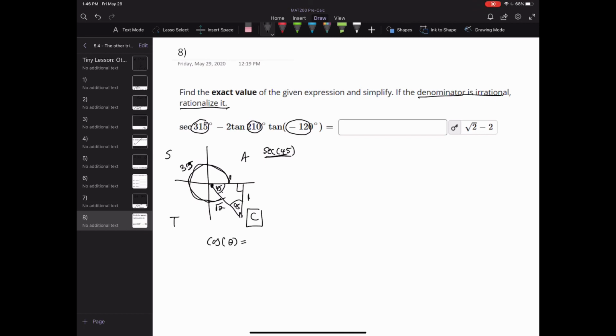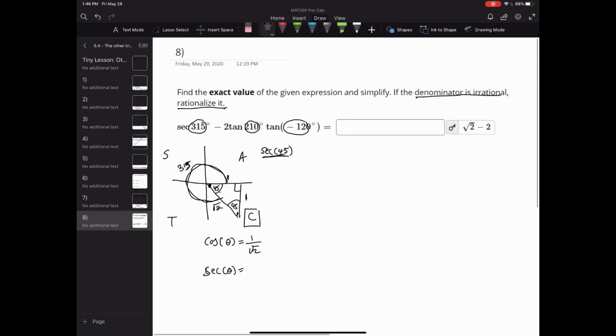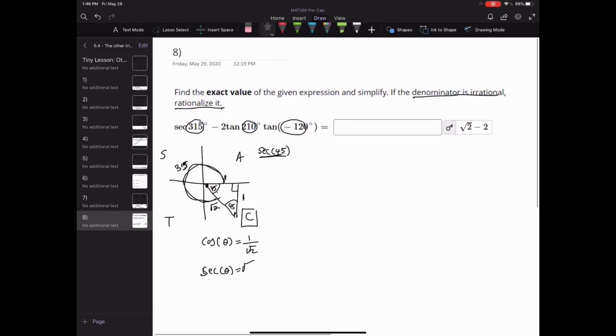Cosine is adjacent over hypotenuse, so that's 1 over square root of 2. So secant is just going to be square root of 2 over 1, which is just square root of 2. So this little piece here actually turns out to be square root of 2.